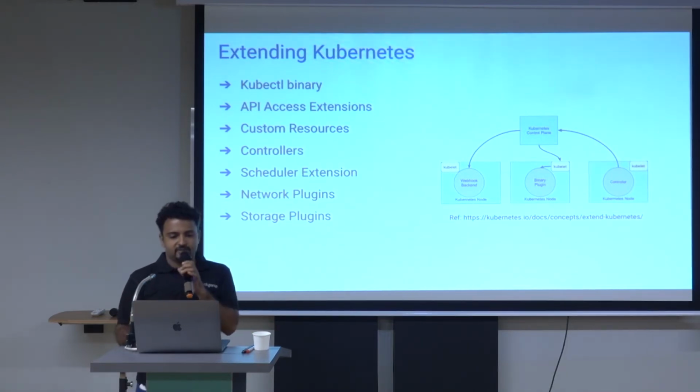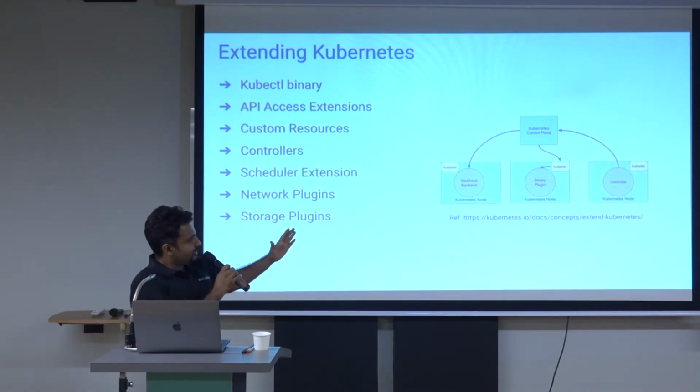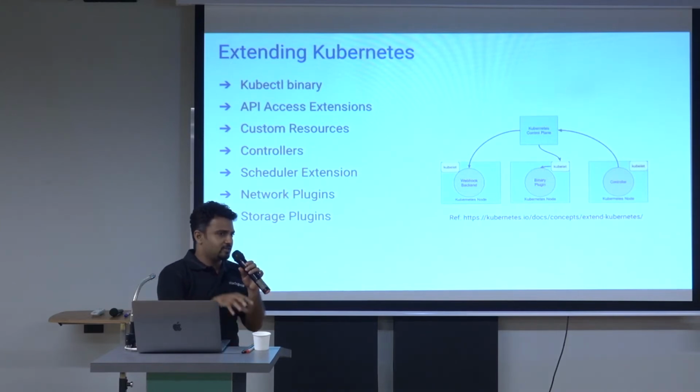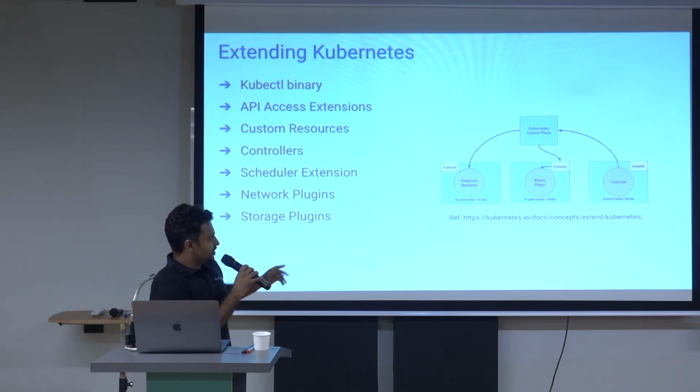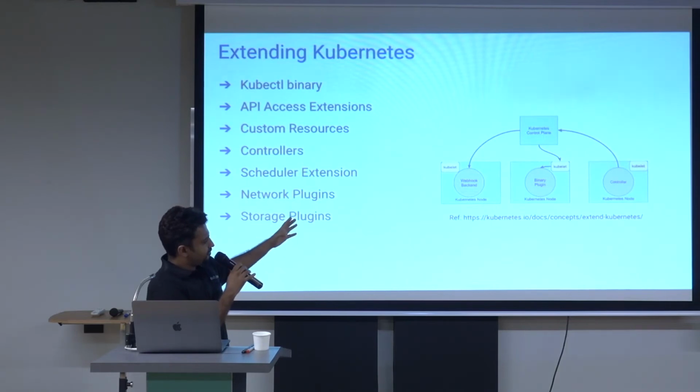If you want to come up with some new kind of storage device, we can have plugins to adapt that into Kubernetes. So these are some of the key areas, and if you look at them, there are three main mechanisms by which these plugins can be installed in Kubernetes. One of these techniques will be used: either a webhook, a binary plugin, or a controller.